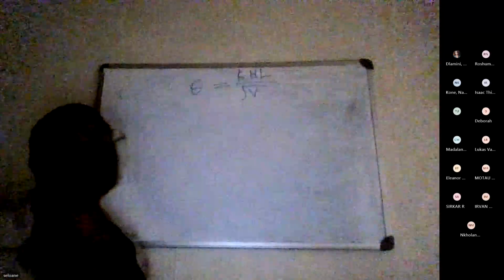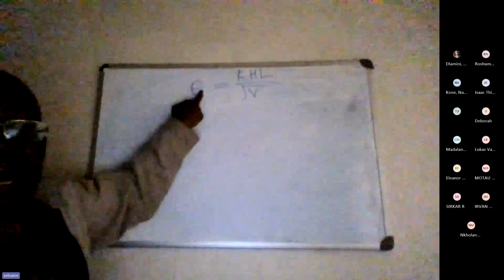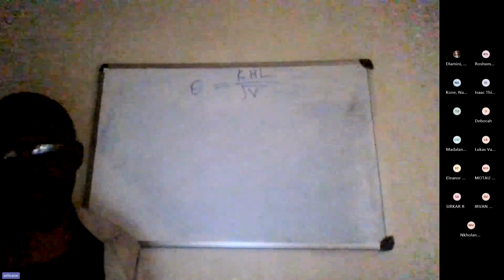Now, the example that I was asked to do here is as follows. You say the equation is theta is equal to. It's still an example of multivariable functions. Now you are given theta as K H L over the square root of V. How many variables are here? Theta 1, K 2, H 3, L 4, V 5. Looks like we have 5 variables.